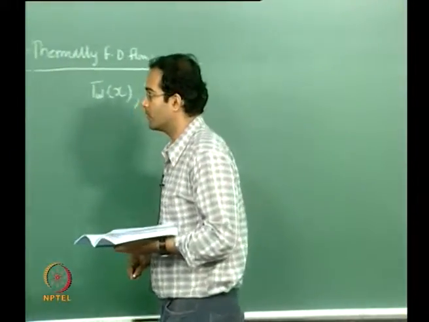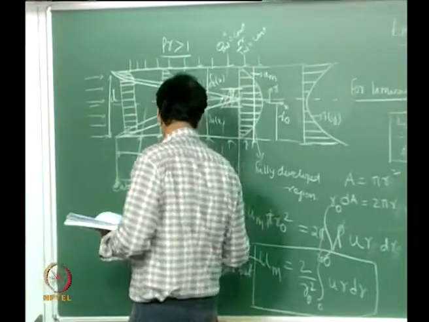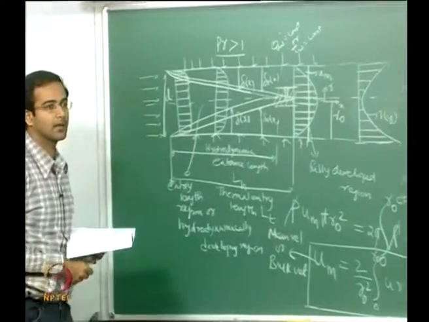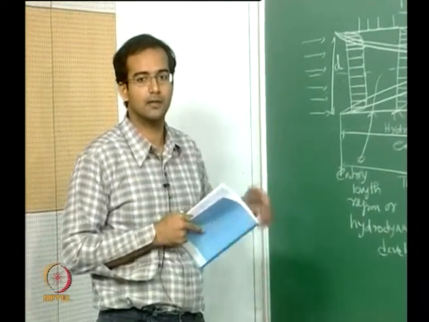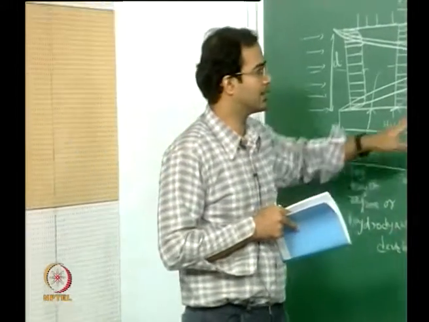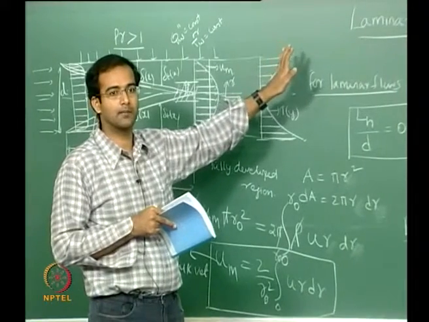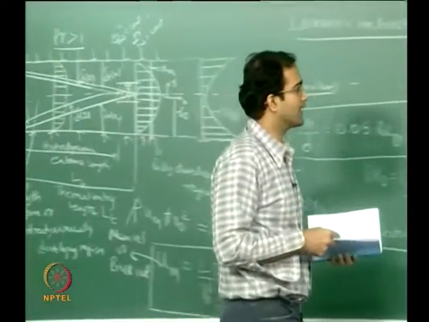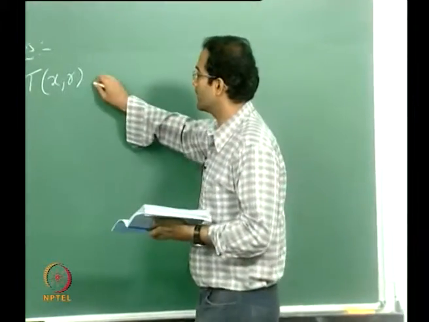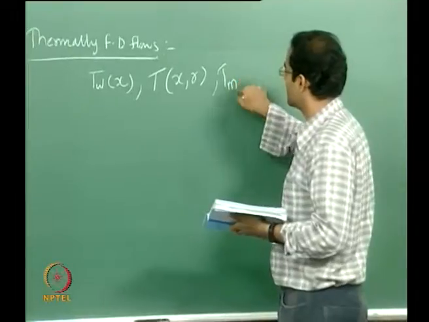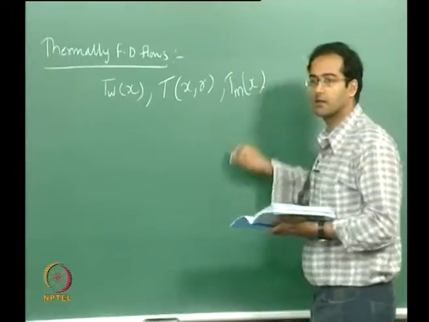Now, similar to the way that I have defined what is called a mean velocity, I now have to define another temperature, something similar to a free stream velocity in external flow, for internal flows. So I will define what is called a mean temperature. I need all of this to define a non-dimensional temperature, correct? So I need to define another mean temperature. Now this mean temperature should be a function of only x.